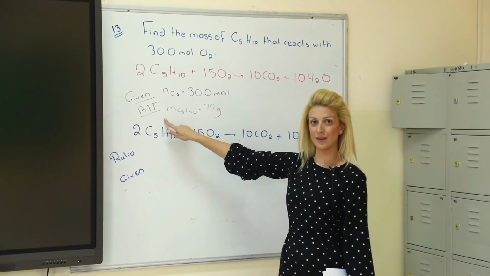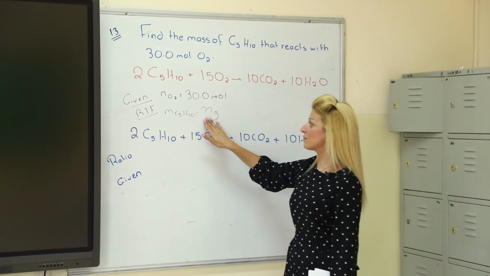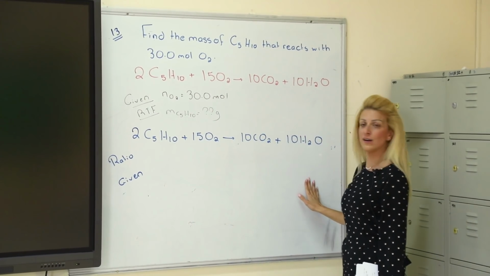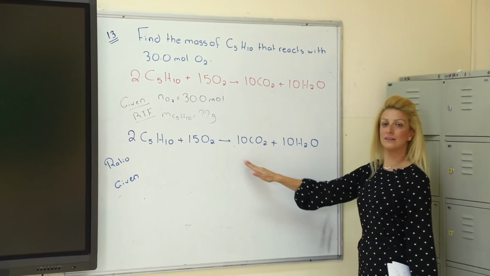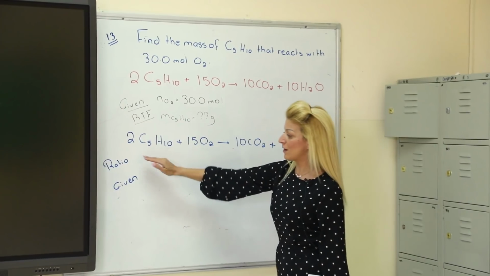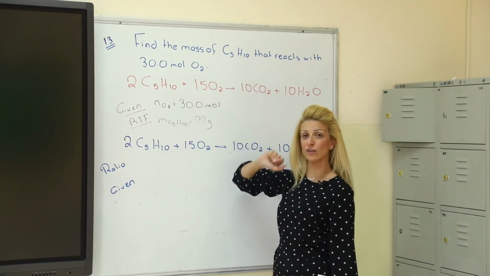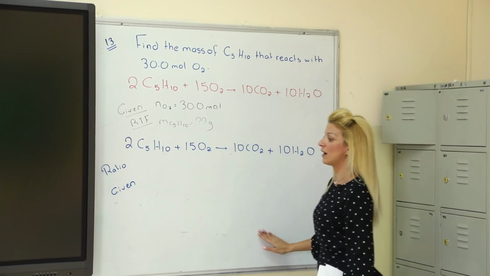Required to find is the mass of C5H10 that will react with the 30 moles of oxygen. We rewrite the equation in its balanced form, and we write the ratio in its most convenient form and the given from the original question, and we cross-multiply to give us our final answer.